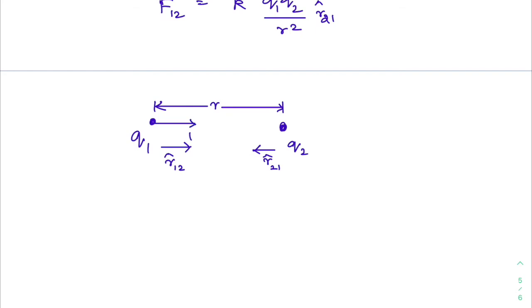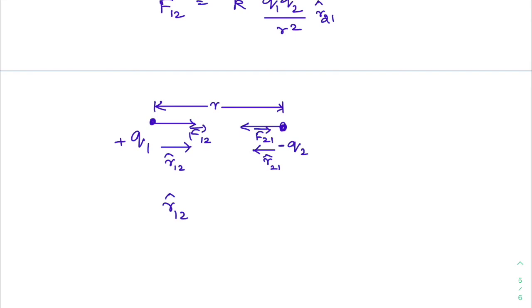So this is going to be F12 vector and this is going to be F21 vector, right? Because this is going to experience an attractive force. So the displacements are also going to be with respect to their same quantities, in which this is going to be positive, this is going to be negative. So on the whole, we can arrive at the conditions as such.